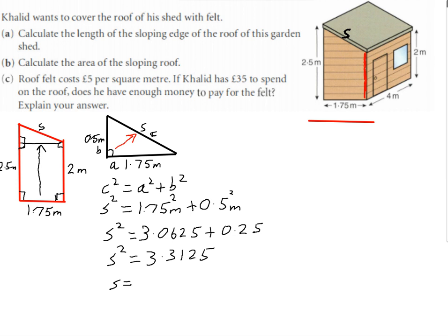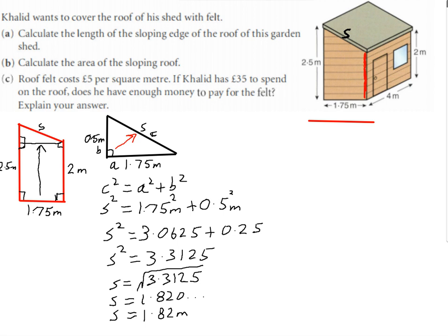So we want the slope length, so we have to take the square root of 3.3125, and that comes out at 1.820, and then lots of other decimal places, and I'm going to round that to 1.82. 1.82 metres, and that is our sloping length S.